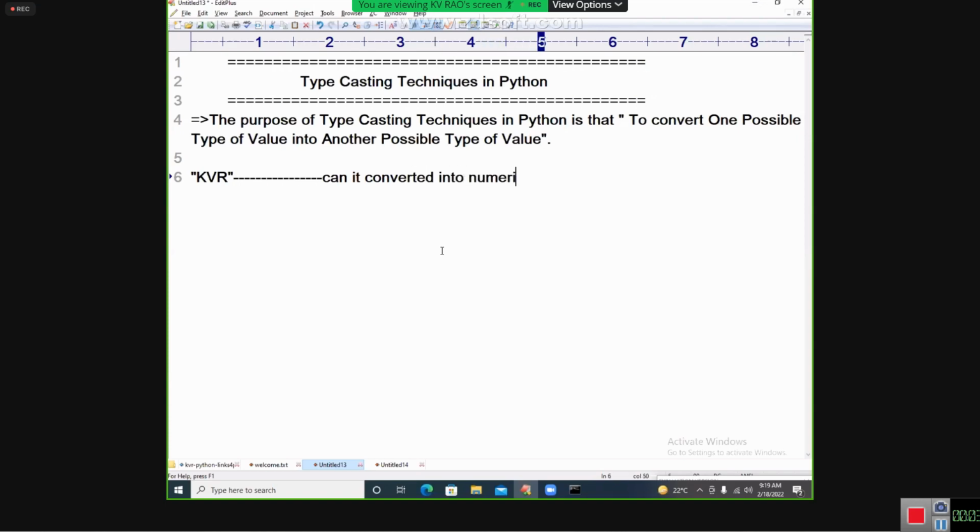No. That means a str value cannot be converted into numerical like this. But I can convert "10". It is a str. I can happily convert it into 10. No problem.